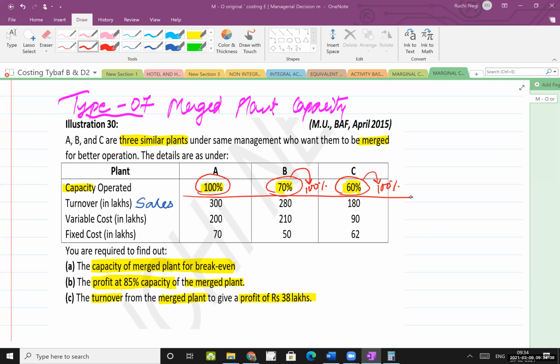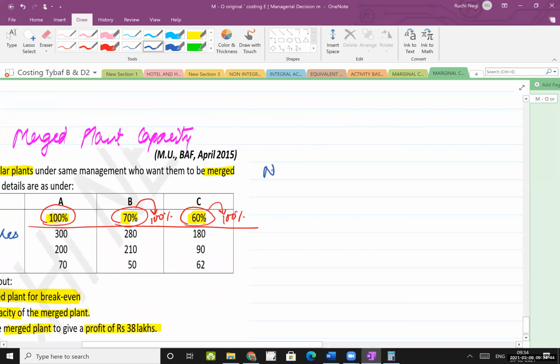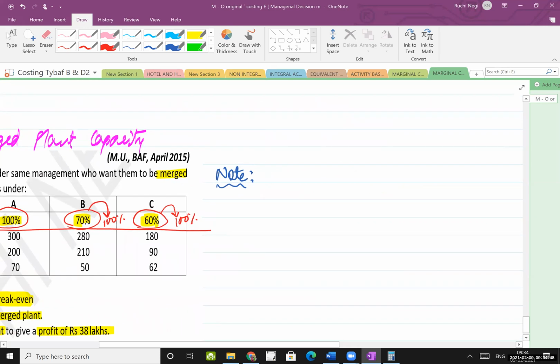ठीक है, so start. सबसे पहले write a note. This note is very important.